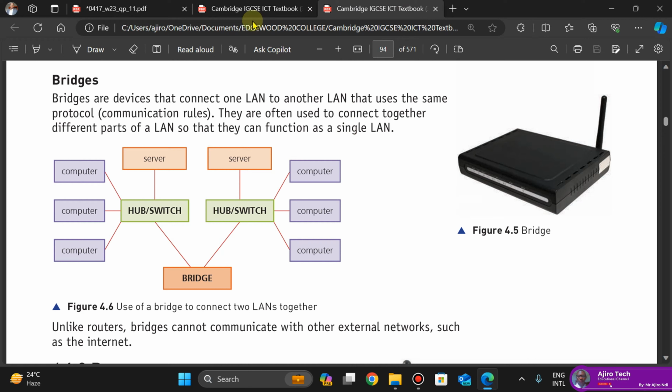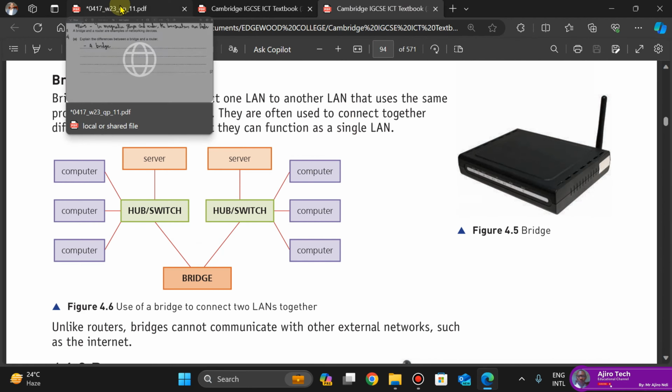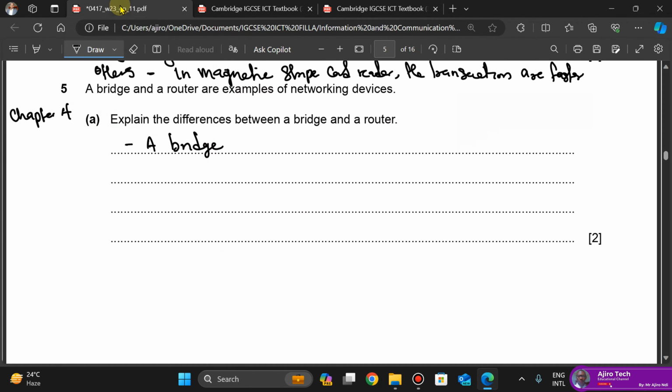Right? A device that connects one LAN to another. A bridge is a device that connects one LAN. This LAN means what? Local area network.